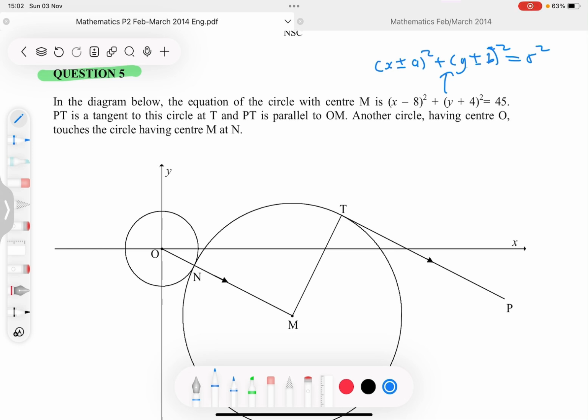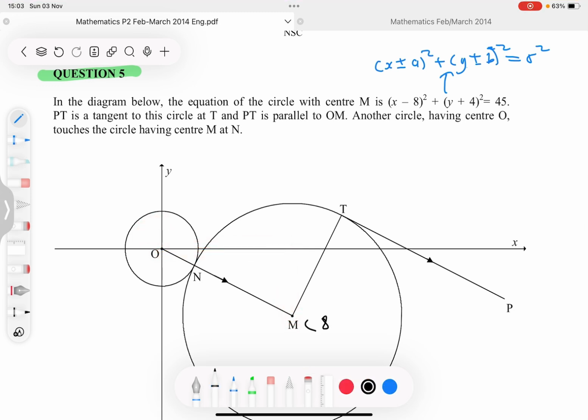This equation defines that circle that has moved from the origin. Now we can see here that this circle has moved to the right by 8 units and has moved downwards by 4 units. So this is to say our M here started being here, but it has moved here by 8 units and went down by 4 units, giving us the M there.